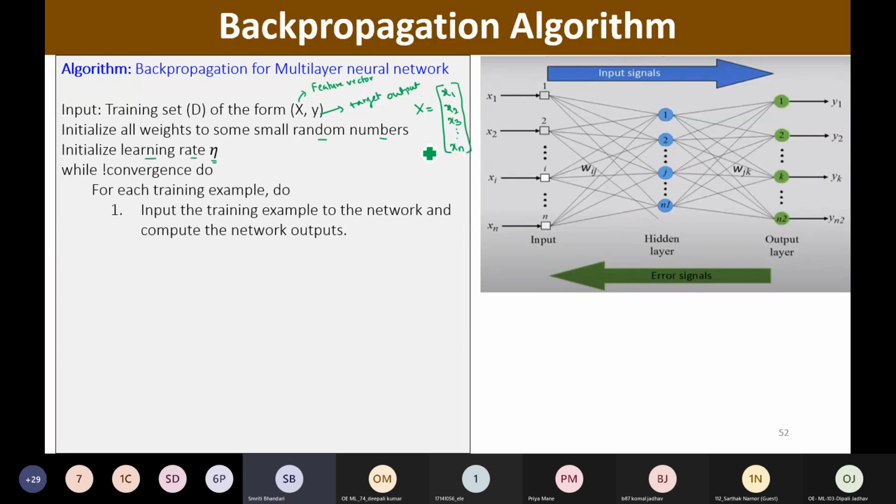Whenever I say that I am inputting a training example to the network, meaning if this is the first sample, then whichever features it has are input to my neural network. These values of the features are the actual inputs. So how am I going to compute this output?